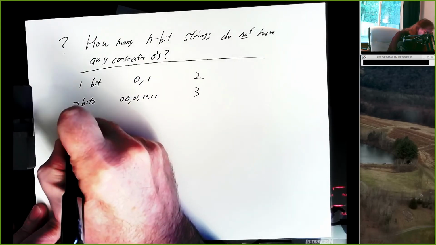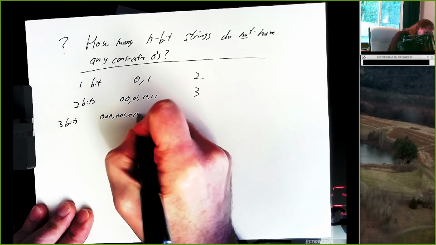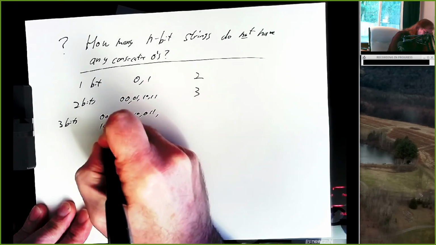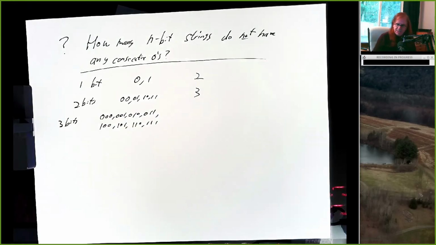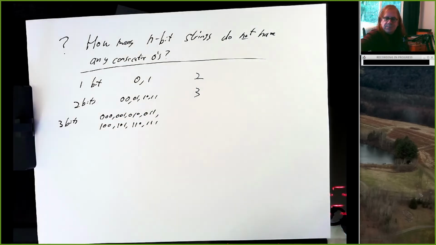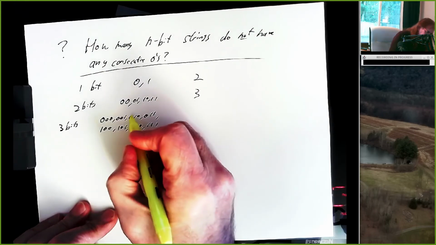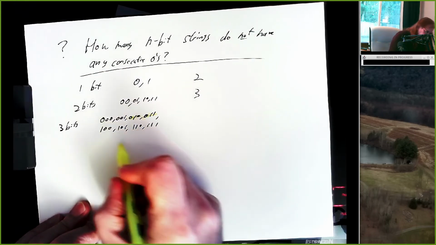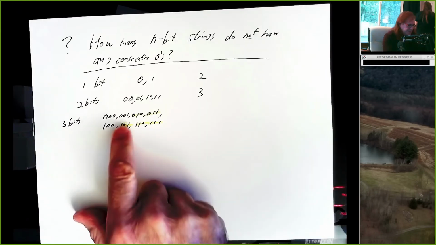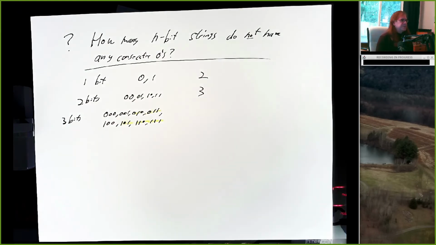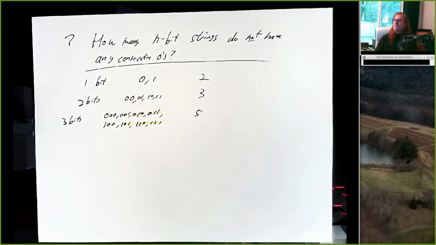If we look at 3-bit numbers, there's 8 possible 3-bit numbers. And which of these satisfy our requirement? Well, this one, this one, this one, this, and this. And these other 3 have at least 2 consecutive zeros. So we have 5 strings like this.